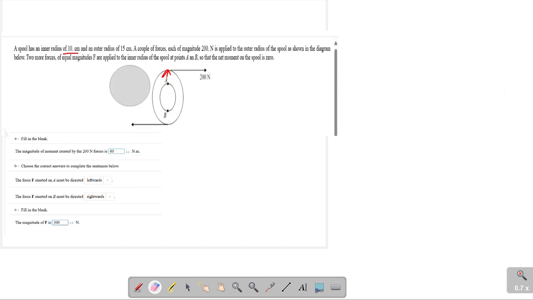Next question. Here you need to keep in mind the net moment is 0. So here we can realize that those two forces are acting clockwise. So that means it will be negative. Here they wanted the magnitude, that's why we didn't say negative. So if this is negative and the net is 0, don't we need a positive torque?